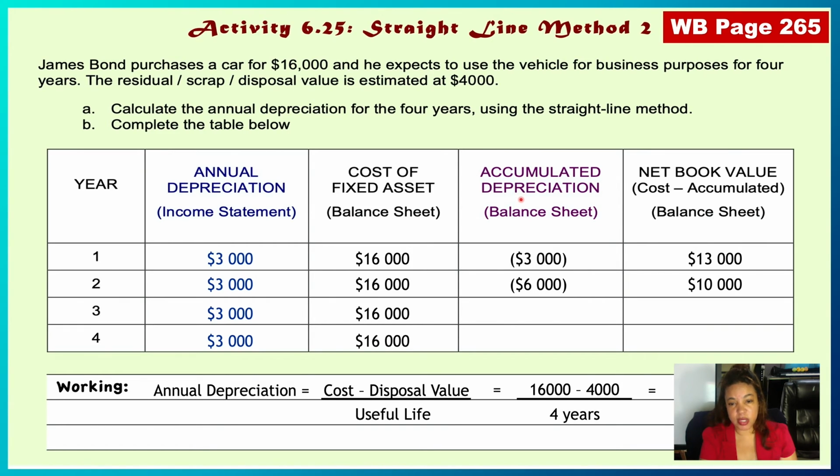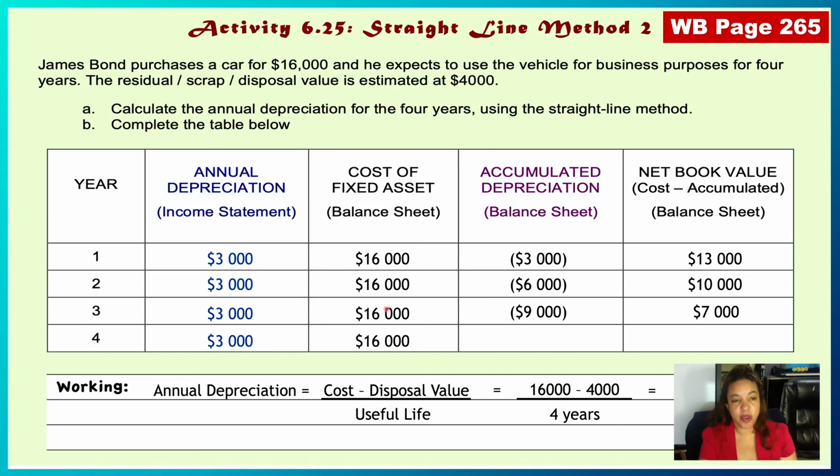Net book value, 16,000 minus the 6,000 gives you 10,000. Third year, accumulated for 3 years, 3,000 by 3, 9,000. 16,000 minus the 9,000 will give you 7,000.